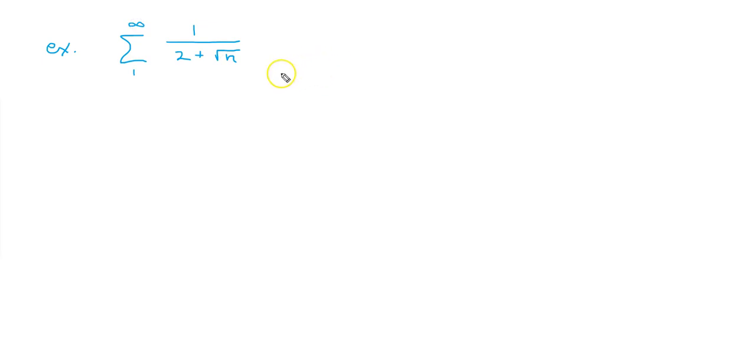All right, so if we're going to use direct comparison, we have to have a feeling for whether our series converges or diverges. Well, if we look at this term here, we see that as n gets really large, the 2 really doesn't matter after a while. So this is going to be behaving like 1 over the square root of n, which is 1 over n to the 1/2 power.